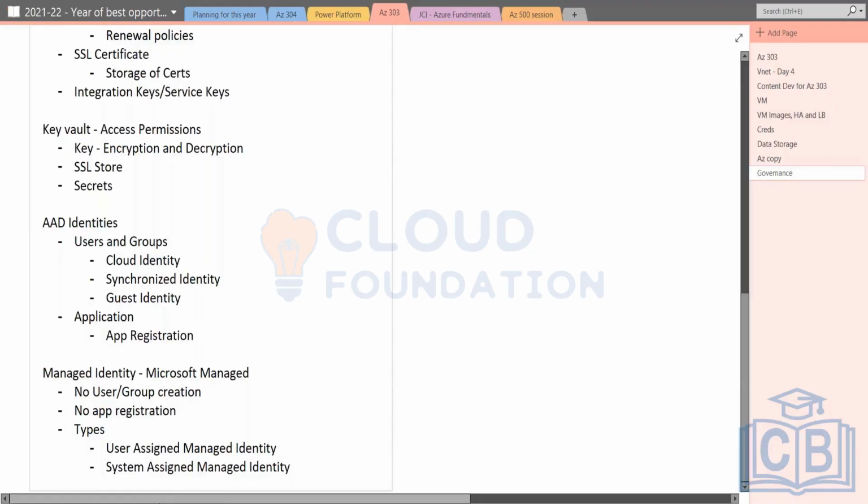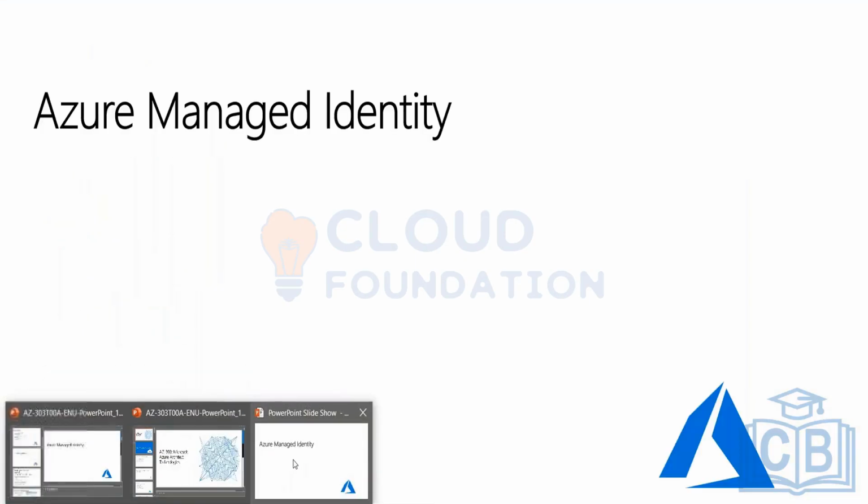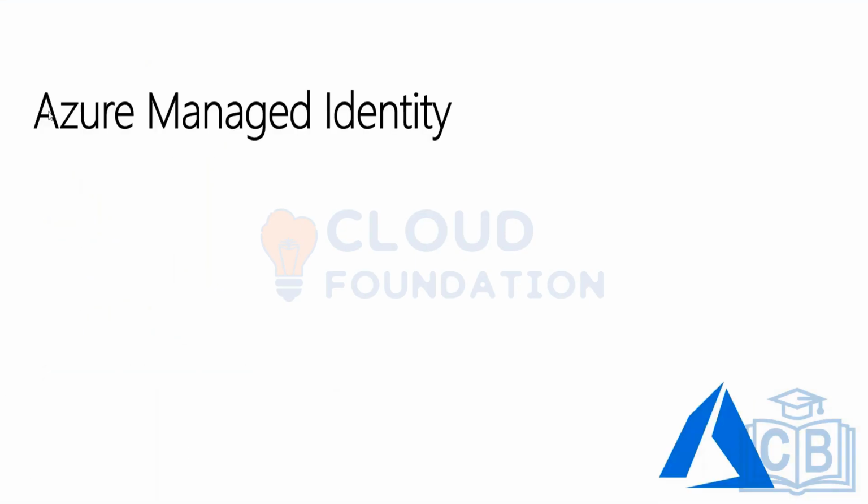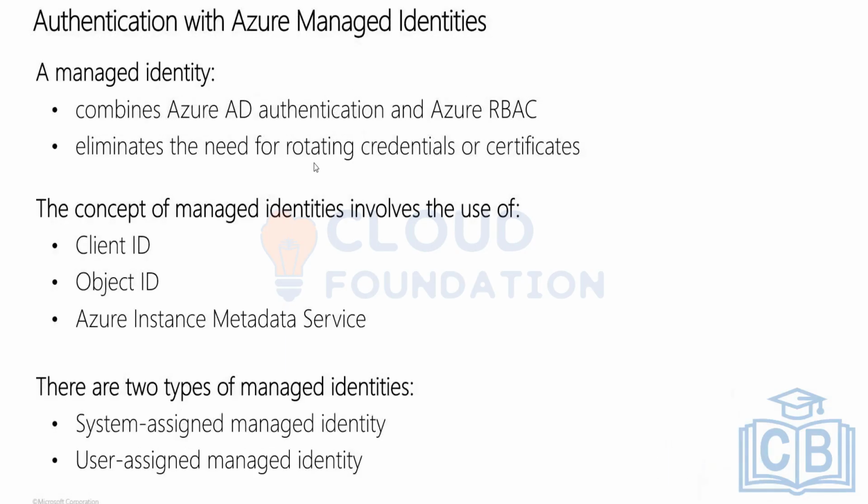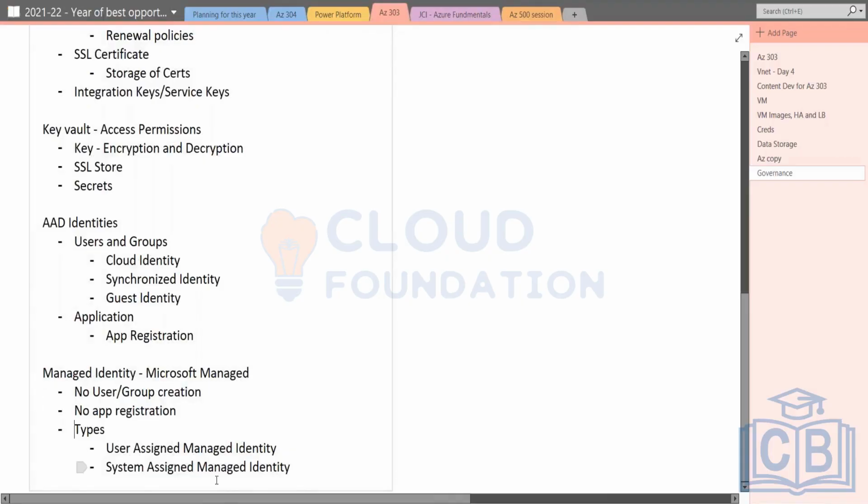Let me proceed further. Once it comes to Azure managed identity, I think this part is clear with everyone. Managed identity is a combination of Azure AD authentication and your role-based access control, right? That's why I was talking about the last part which I said. Along with these types, we will have to assign permissions, and here we are talking about role-based access control.